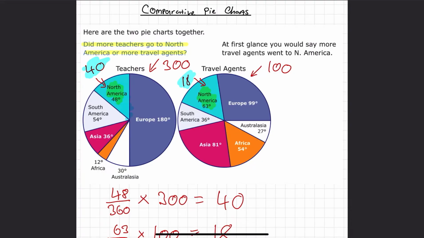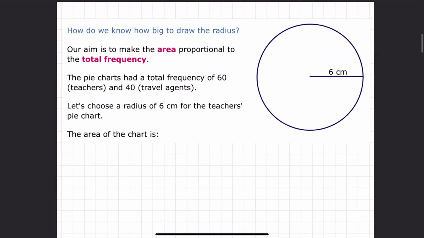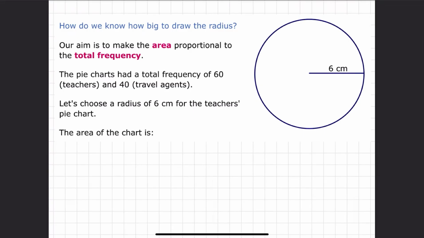However, with comparative pie charts, the area of a comparative pie chart is proportional to the total frequency.